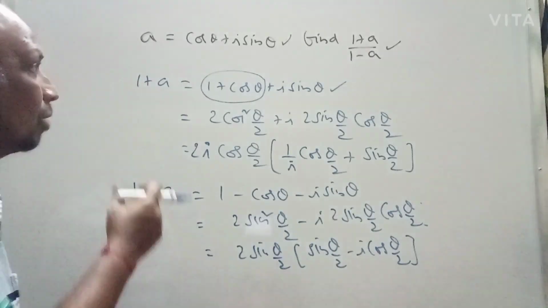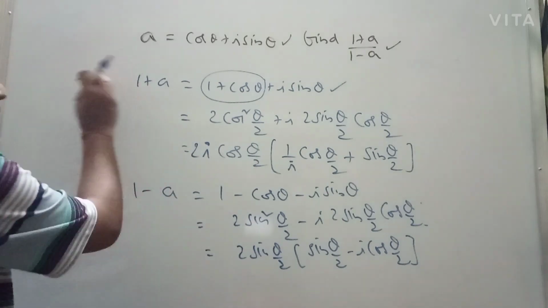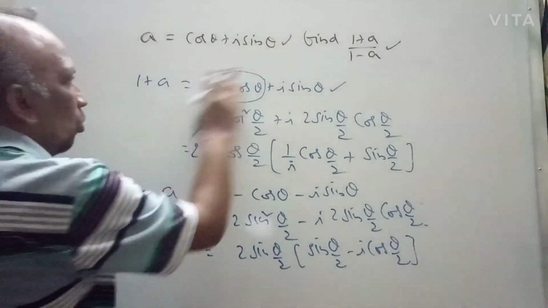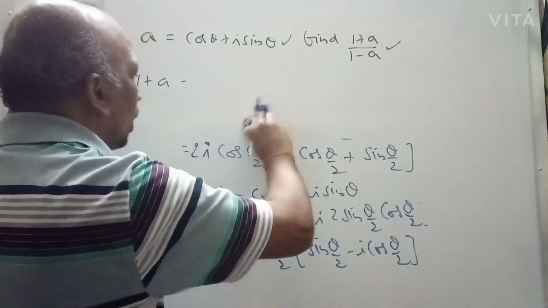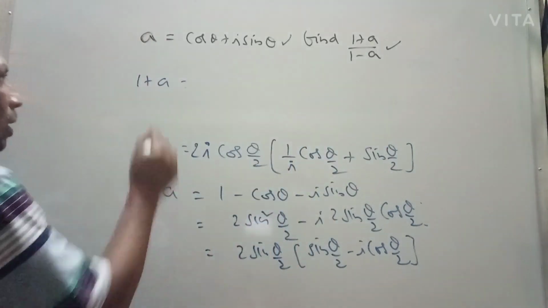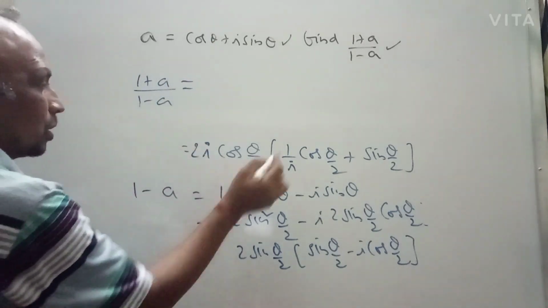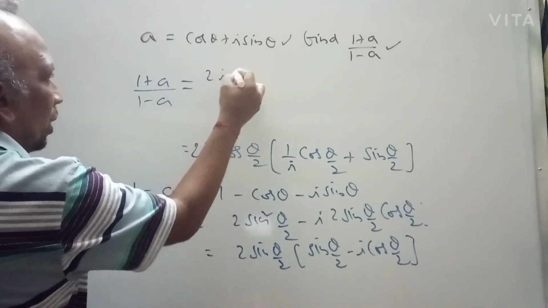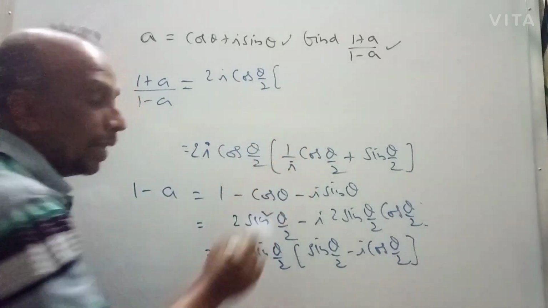Now you take the required result, what they are asking: you will take 1 plus a by 1 minus a. I will consider that now. After writing these values, I can write 1 plus a by 1 minus a, which is equal to, what is 1 plus a? You will get 2i cos theta by 2 into 1 by i.